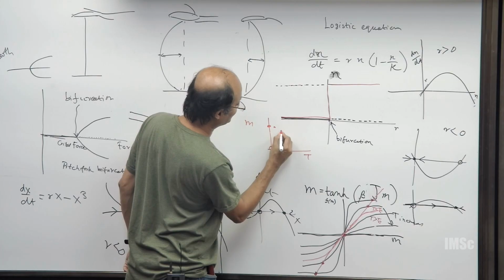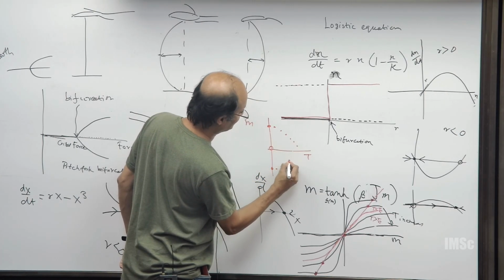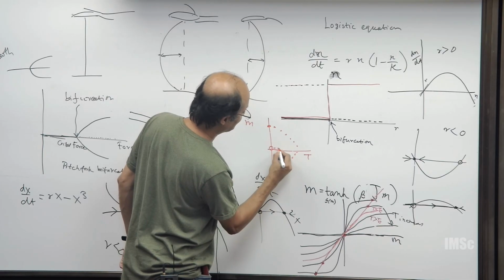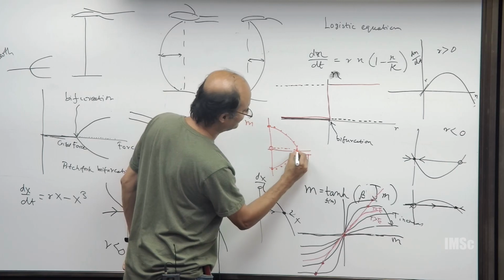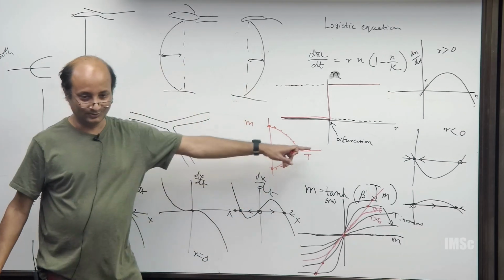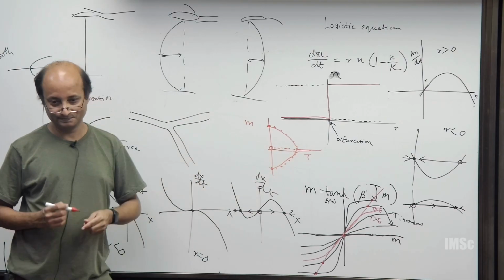Then as I gradually decrease T, these are going towards 0, and this is unstable. So these are the 2 stable branches, and here you have only 0 as the stable branch. So this is a pitchfork.